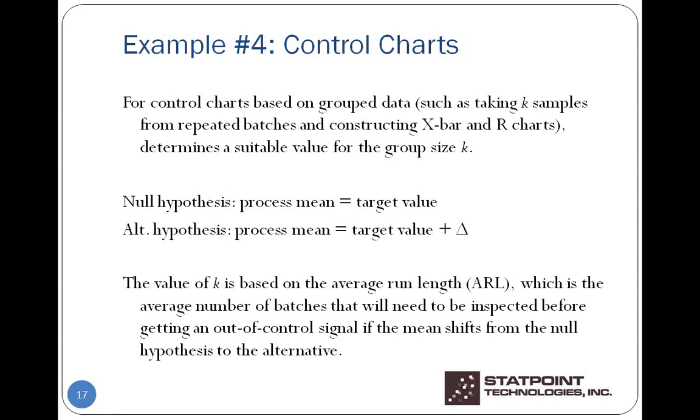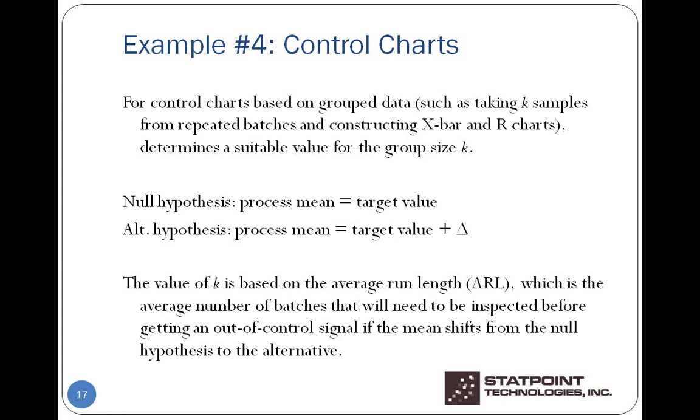Now, the way we approach the control chart sample size problem is typically through what's called the average run length. The average run length, or ARL, will be the average number of batches that I'll have to inspect and put on my control chart before I get an out-of-control signal, if in fact the mean shifts from its target value to this alternative value.